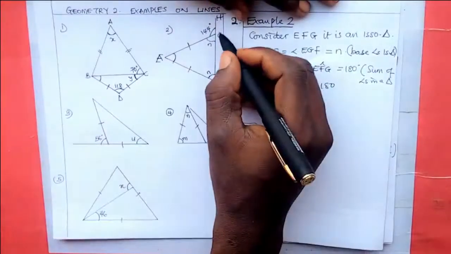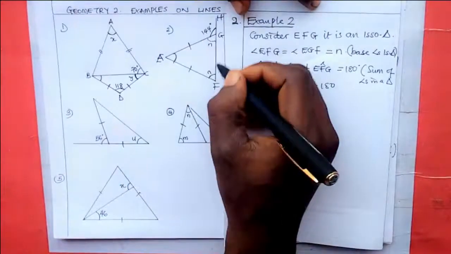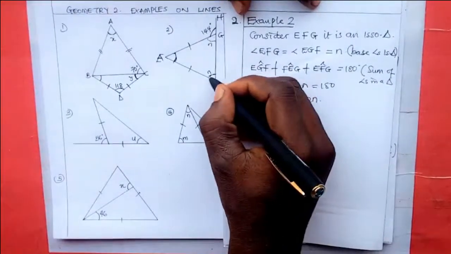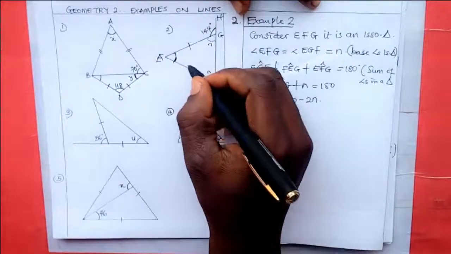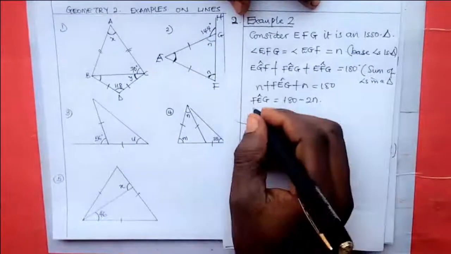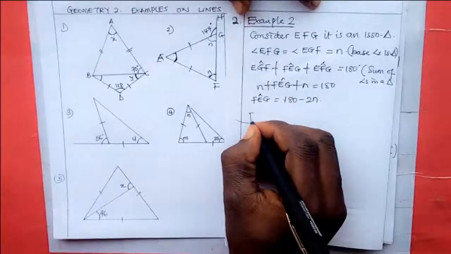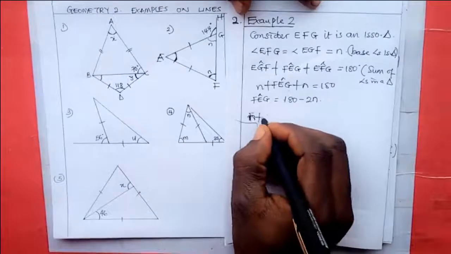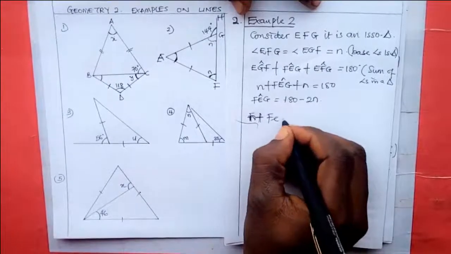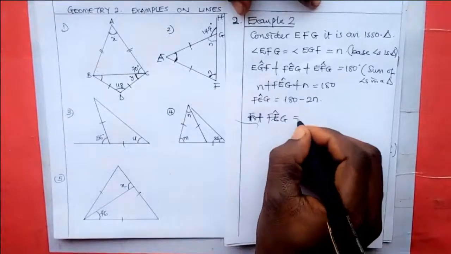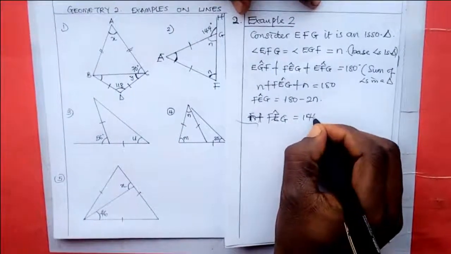So this exterior angle here, 144, is equal to the sum of these two opposite adjacent angles. So n plus FEG is equal to 144.